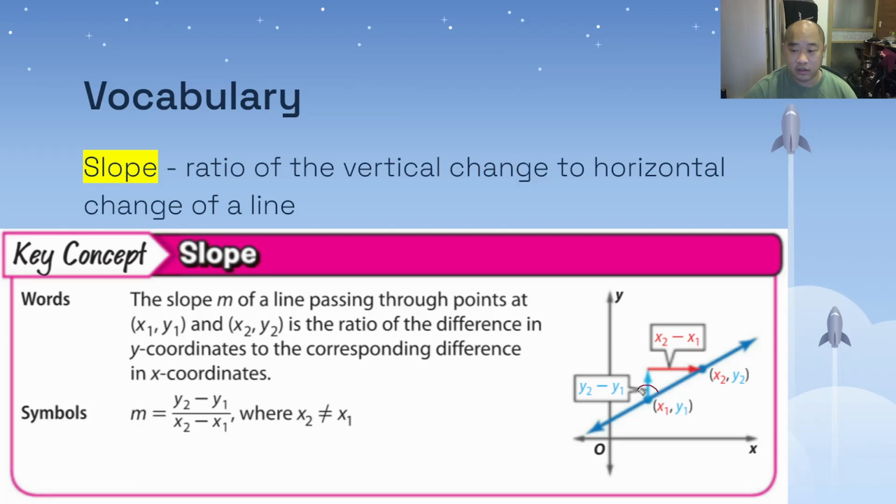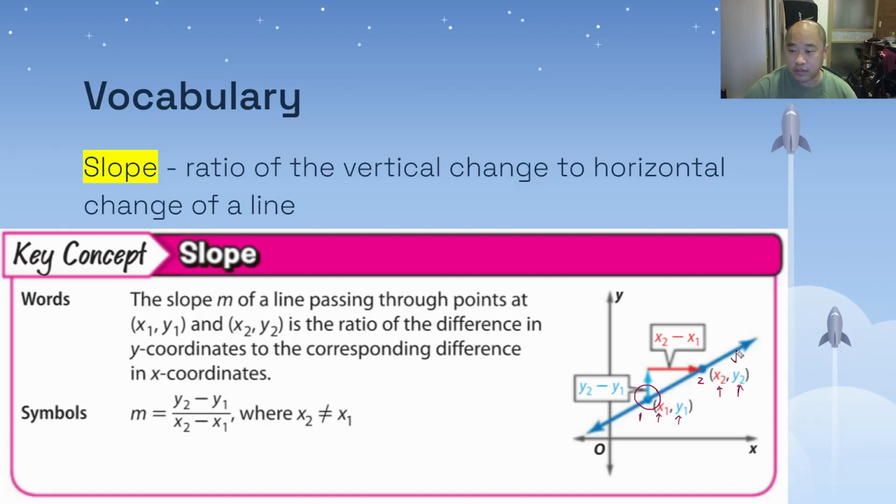So here, they're taking this to be the first point, point number 1. And you can see here is x1 and here's y1, right? And this is going to be point number 2. You can see here x2 and y2, right? So you take y2 and you subtract y1.